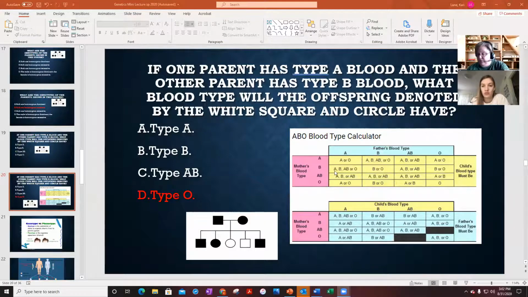It's true that the child could have any of these four blood types. Because mom has A and dad has B, what you have to do is cross off all the things that have one A or one B in them, and you end up with O.